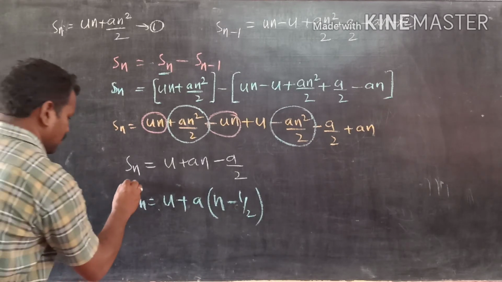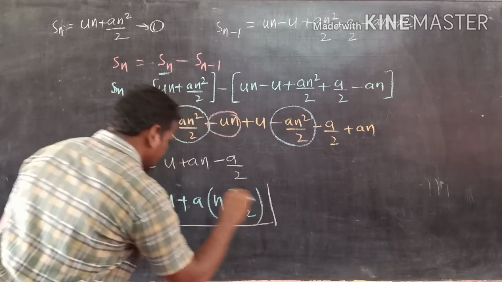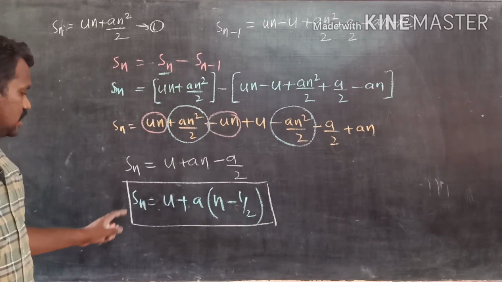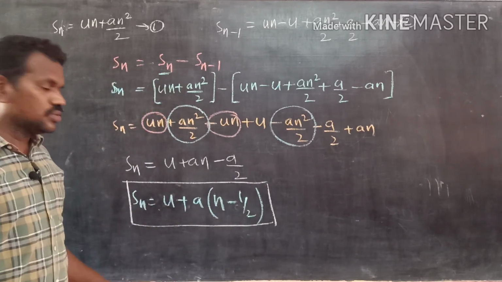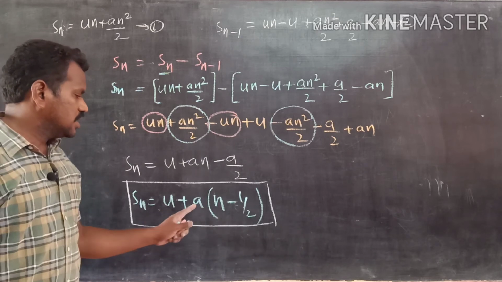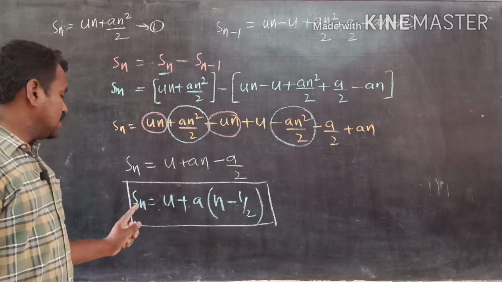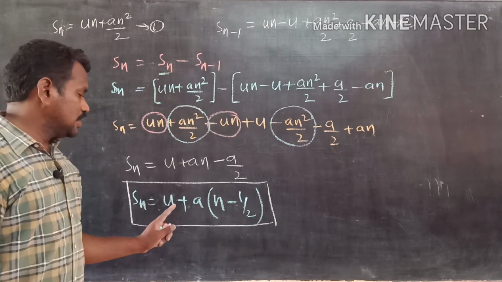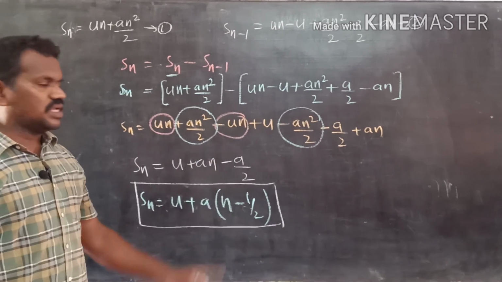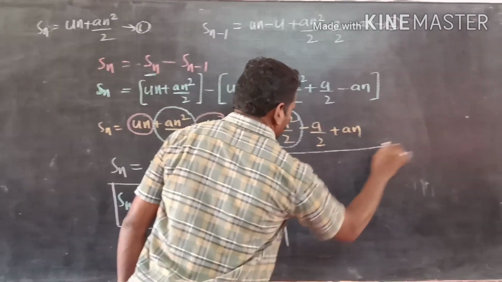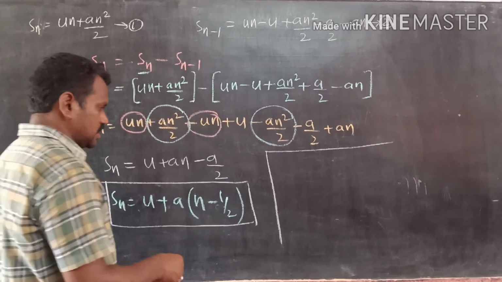Now this equation becomes equation of motion 4, which can be read as Sn is equal to u plus a into n minus half. Till now we have 4 equations of motion.